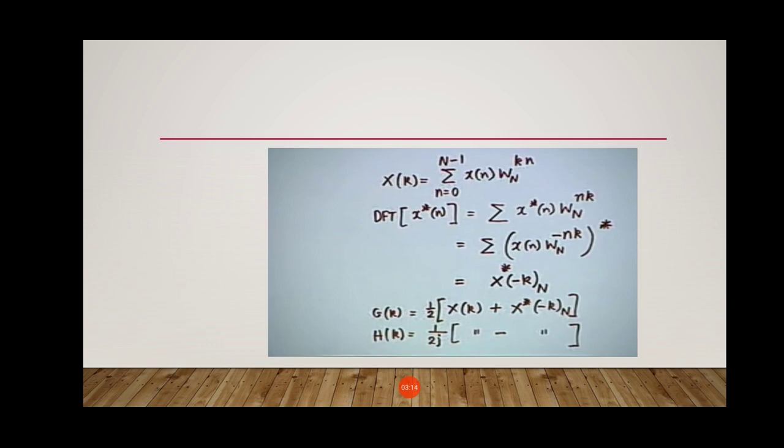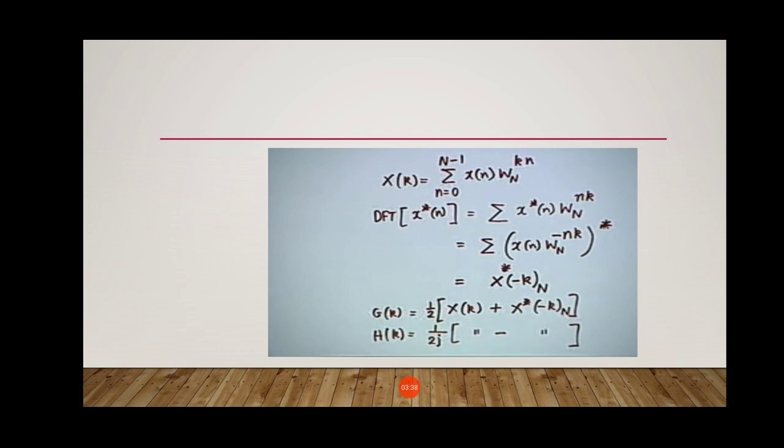Now as it is whole to the power star, so instead of writing capital X of k, we can write capital X star of k. But here we see in the power of W_N there is minus k into n. That is, we have to write capital X star of minus k.